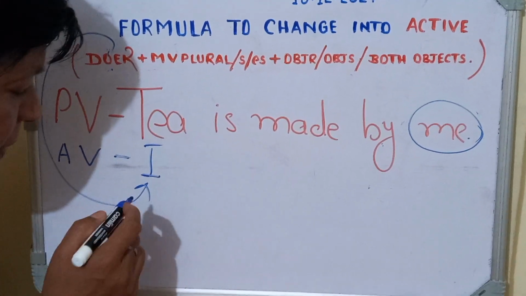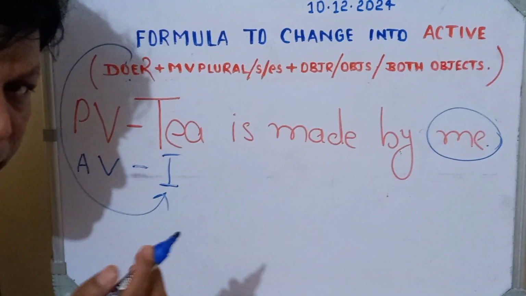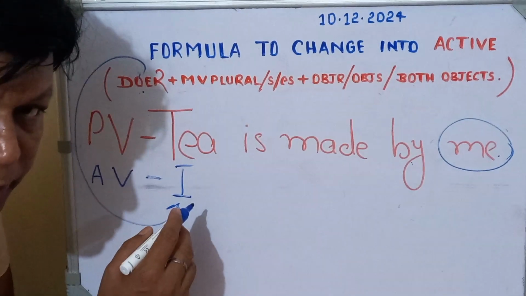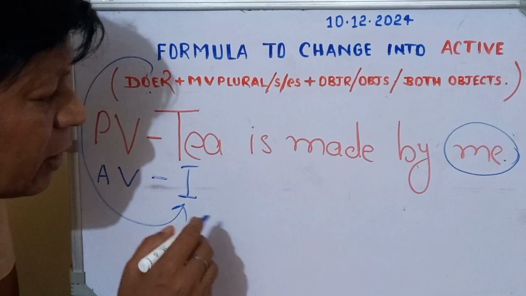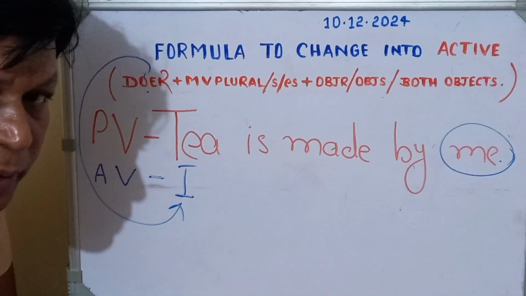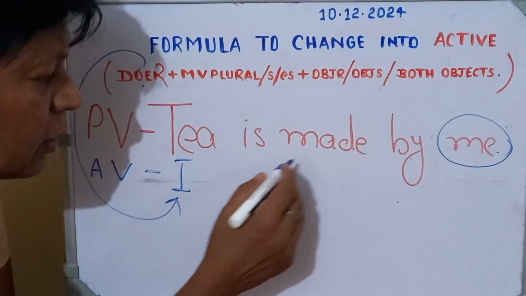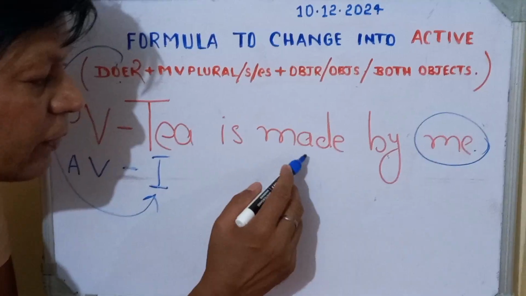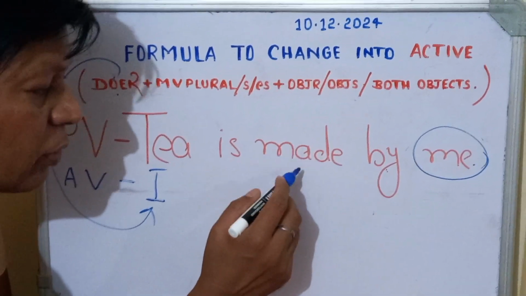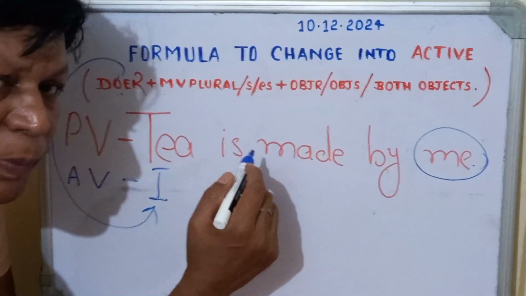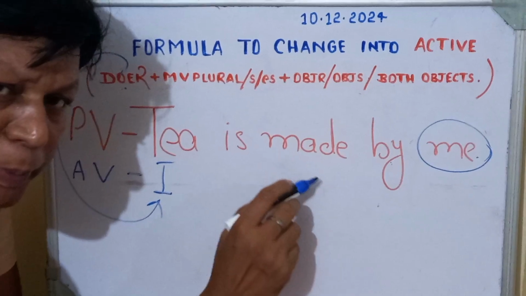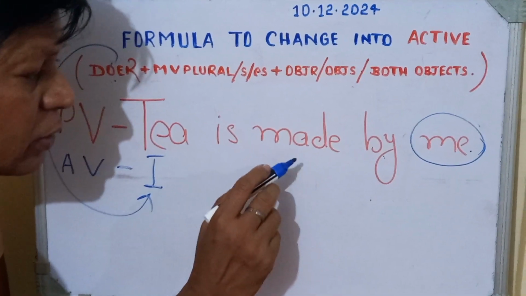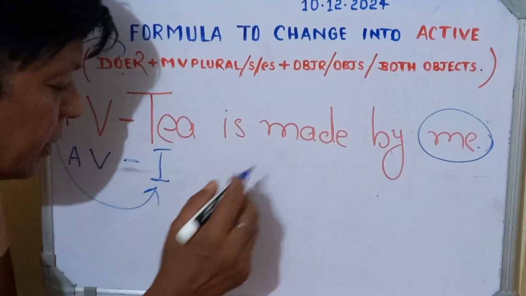According to the subject, because I is plural, we will use main verb first form plural. Here main verb third form is made. So first form of make is make.